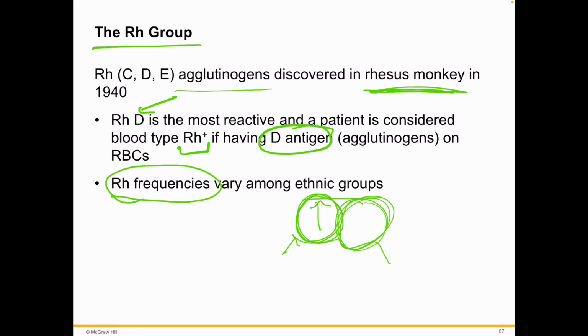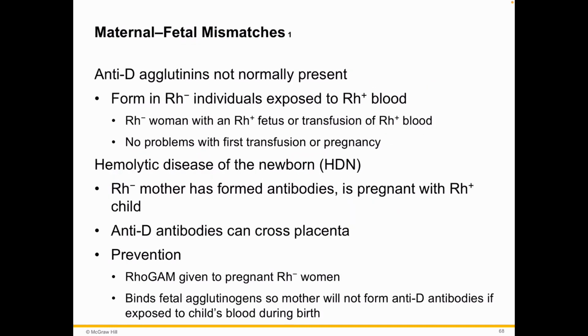Like all the people who play soccer just marry other people that play soccer or have children with other people that play soccer, and then everybody who plays baseball is like, I'm only looking for baseball players and we are going to have baseball player kids, right? And so these become kind of genetically isolated in that way, and that's where the variation comes into it. But rhesus factor can be within any of the groups within humans. It's just that the frequency within that group is going to be higher or lower.